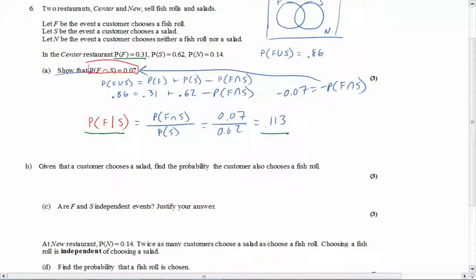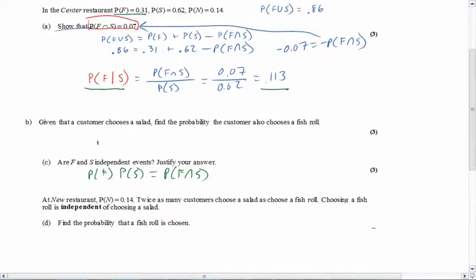Obviously, the probability of getting fish depends on whether you got a salad or not. It changes. So that's one way to do it. The way that a lot of people did it is they just said, okay, well, PF times PS and they found out if that ended up giving probability of F and S, which it didn't. Okay, so either one of those reasonings should work fine then.